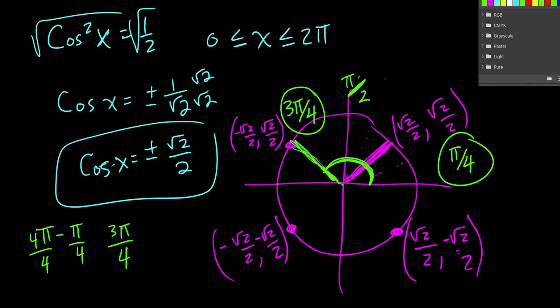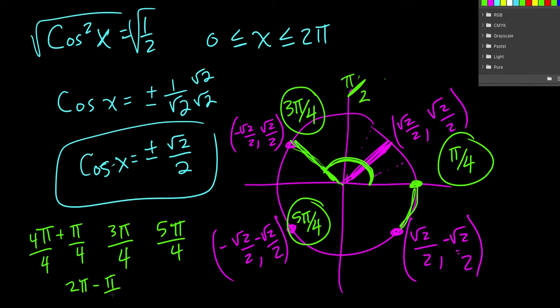Okay, this one is going to be pi plus pi fourths. So if I just put a plus sign right here, it's going to be 5 pi fourths. So that's just pi plus pi fourths, 5 pi fourths. And then I'm going to do 2 pi minus pi fourths. Okay, times this by 4 over 4.